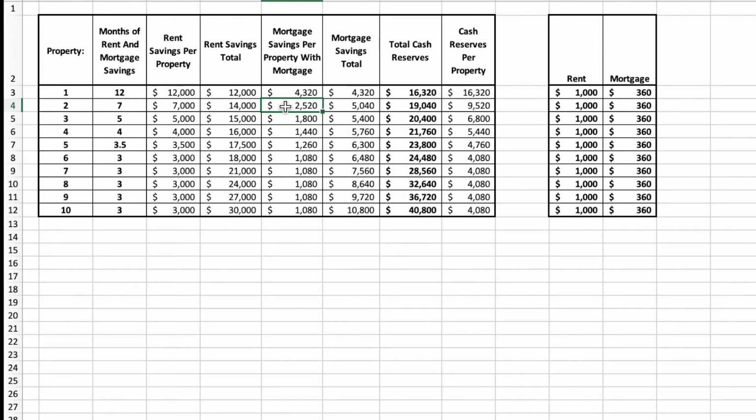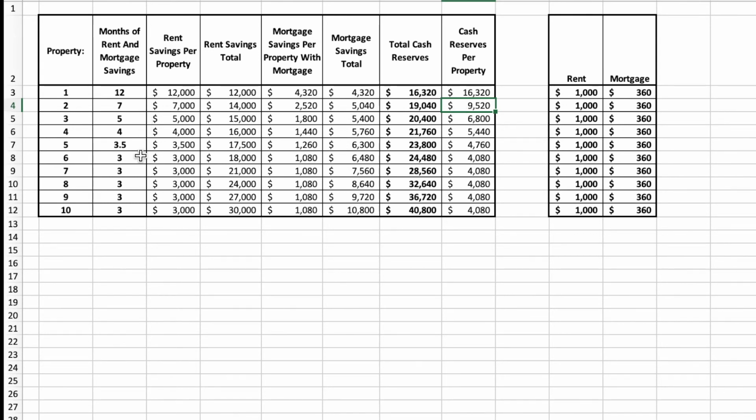Similarly with the mortgage, we determine that by multiplying 7 months times $360 per month for a value of $2,520 per property. Again, because we have 2 properties, we multiply that by 2 to get a total mortgage savings of $5,040. Our total cash reserves then comes out to $19,040, and if you divide that by 2 to determine what the cash reserves per property is, you get $9,520 per property.